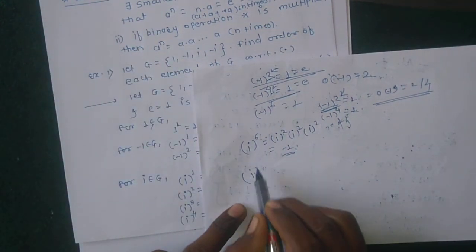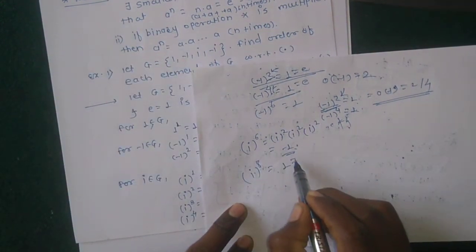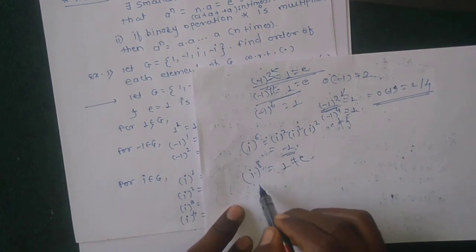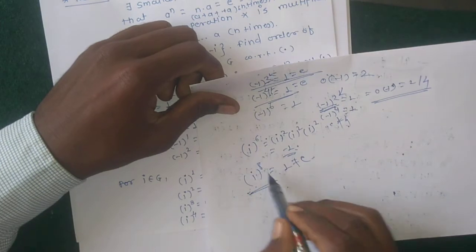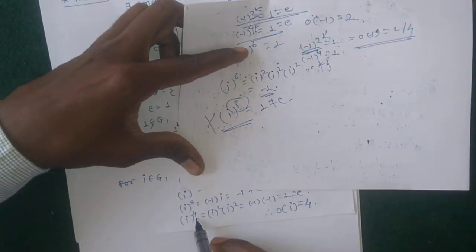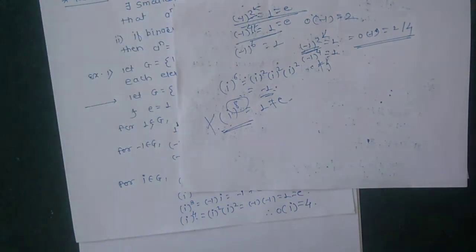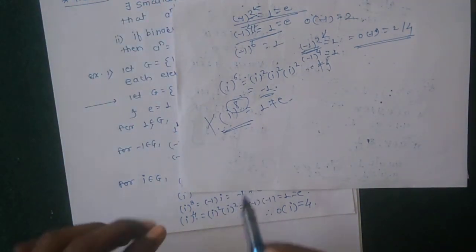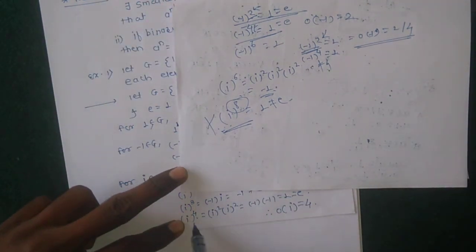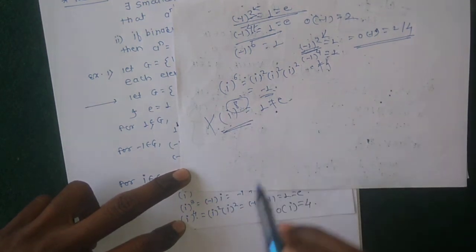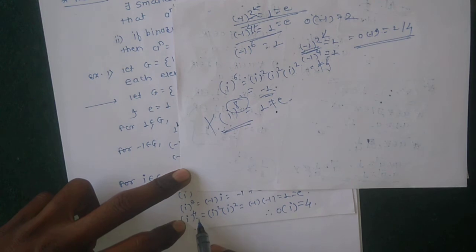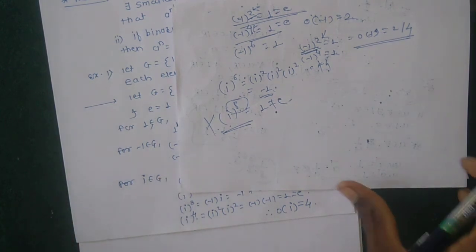But i raised to 8 is the identity, meaning i raised to 8 equals the identity. So saying the order of i is 8 is wrong, because 8 is not the smallest; 4 is the smallest positive integer. Here i raised to 4 equals the identity, and i raised to 8 is also the identity, but the smallest positive integer is 4. Therefore the order of i is 4.